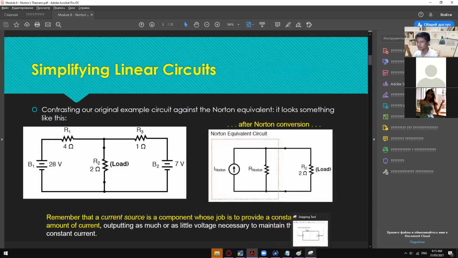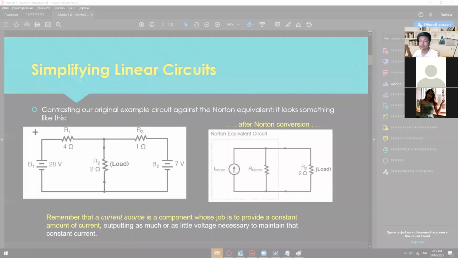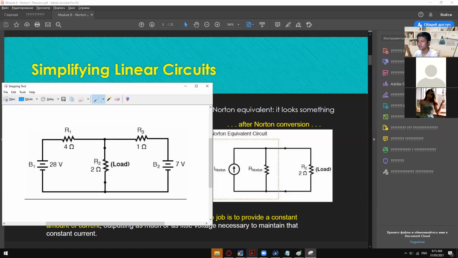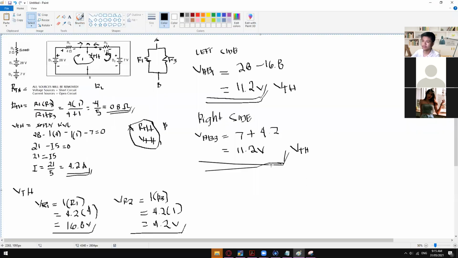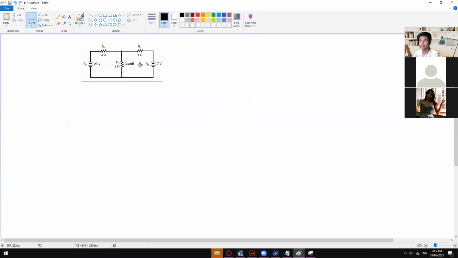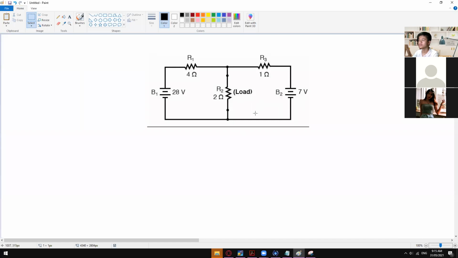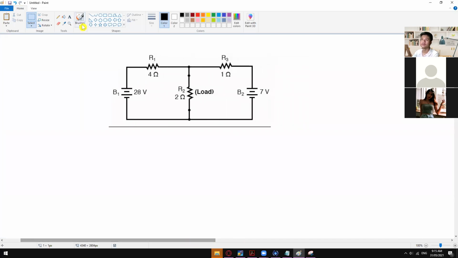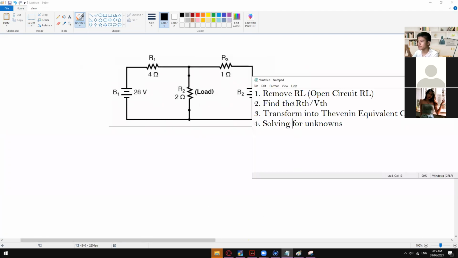Let me just copy this one and remove everything, and then paste it right here. There you go. So basically we have the same steps. Remove RL, just open circuit that RL, and then find the resistance.